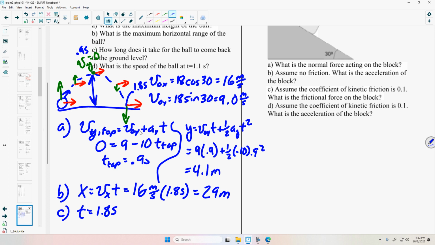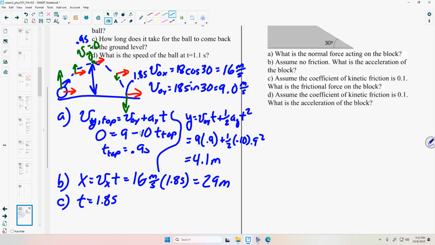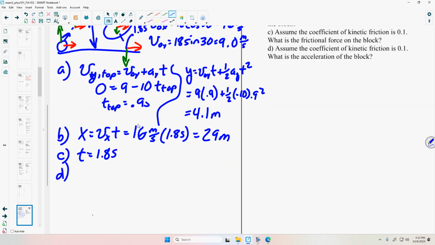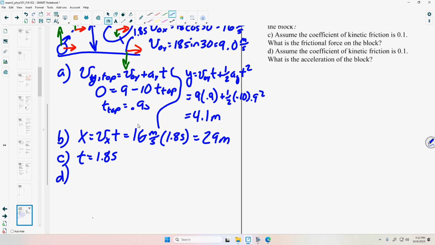And now, what is the speed at 1.1 seconds? So 1.1 seconds is going to occur right about here. And that speed will have two components. It will have an x component that is 16 meters per second. That's the same as my initial velocity, right? So it doesn't change. To find the y component, I have to say Vy equals V naught y. That's 9. Let me write out the equation, actually.